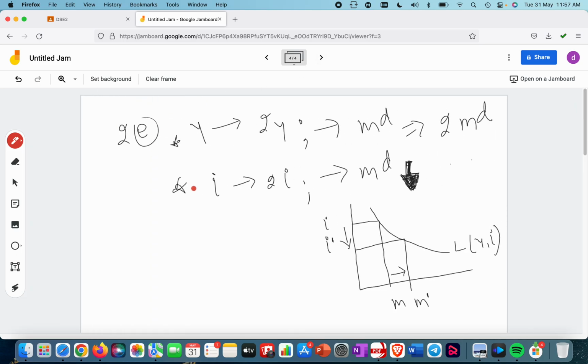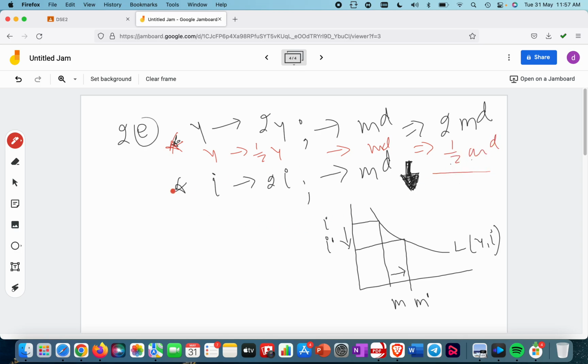So on the basis of that, we can conclude these 2 pointers, that if income gets double, demand for money also gets double, and further if income is reduced to half, demand for money also is reduced to half.